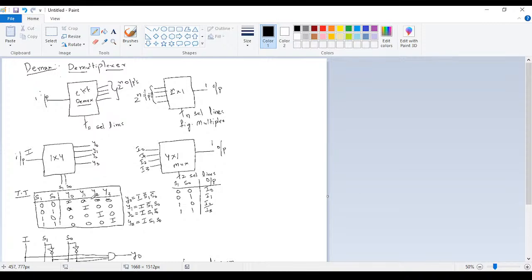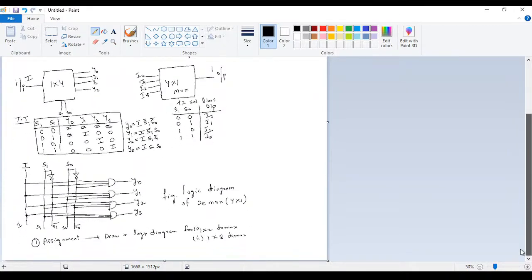If it is 1 0, it is connected to y2, and if it is 1 1, it will be connected to y3. We have the expressions also: y0 equals I into S1 bar S0 bar, y1 equals I into S1 bar S0. Depending upon the selection lines, we get the expressions.